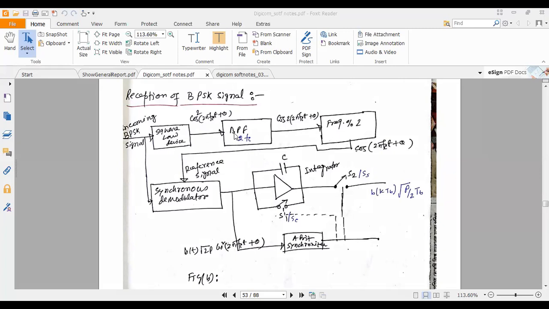So we have used a band pass filter with frequency component twice fc. That signal now comes here: cos 2 pi 2 fct plus 2 theta. Now, as you know, you have a frequency divider circuit. As the frequency is doubled here, what will you do?